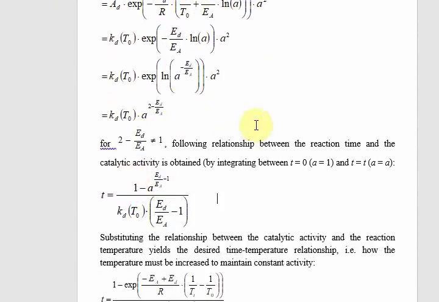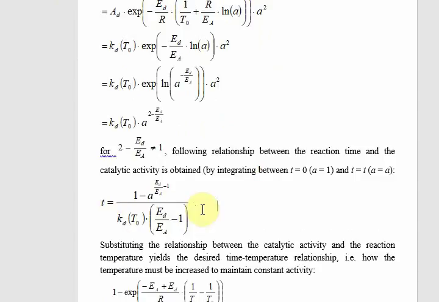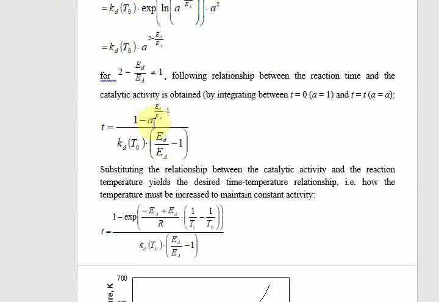So for the second order activity loss, we can easily get activity as a function of time. Unfortunately, the way I've written it here, it's time as a function of activity. It's a bit of a silly way to do it, but anyway, you can easily repose this in terms of activity. So we now have activity as a function of time.